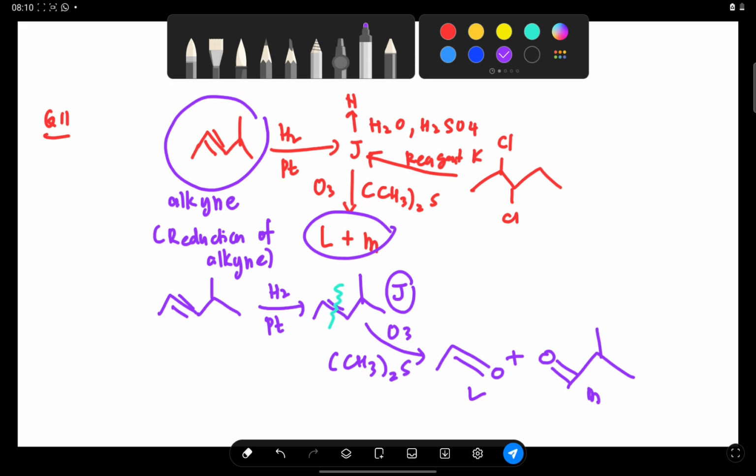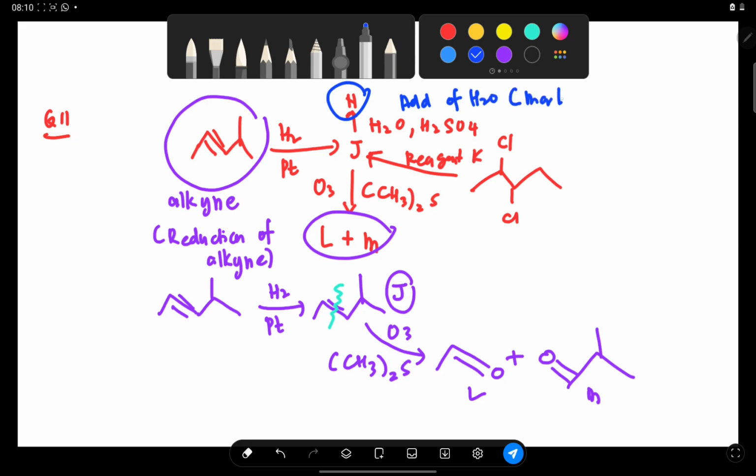And then for J, we already saw J, L, M. And how about for H? This reaction involves addition of H2O.